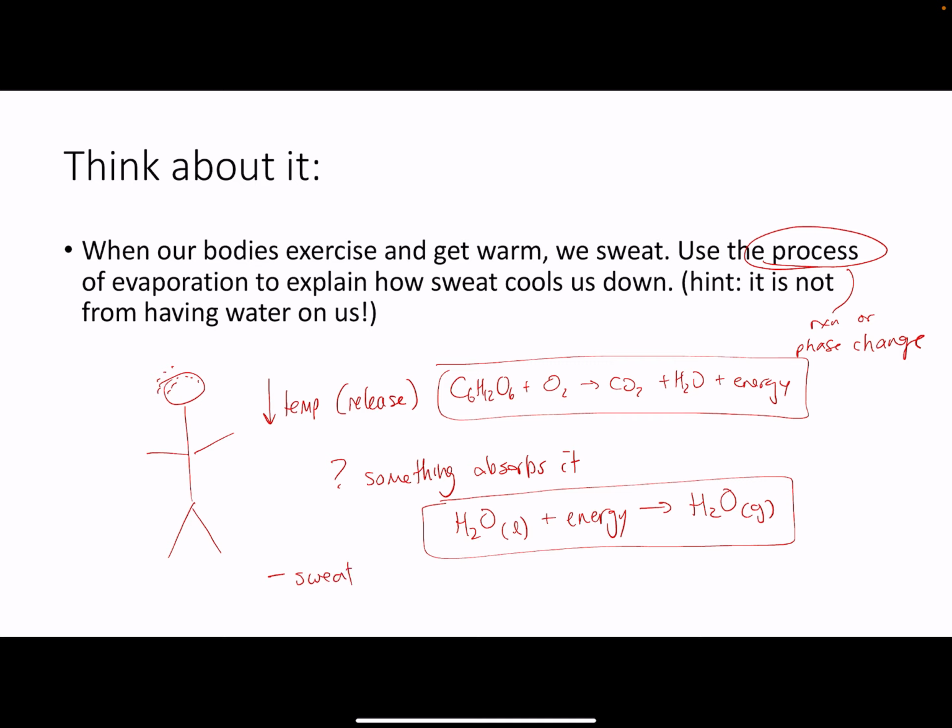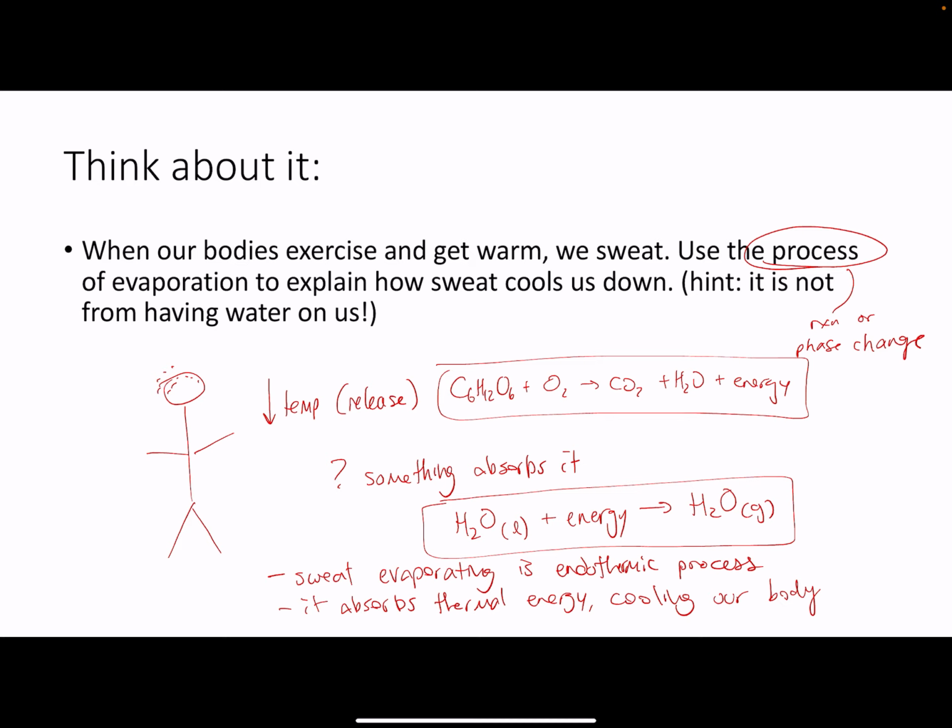So, we'll put this in writing, sweat evaporating is an endothermic process. We can say it absorbs energy, which results in our body temperature going down or cooling our body, giving us that effect there.